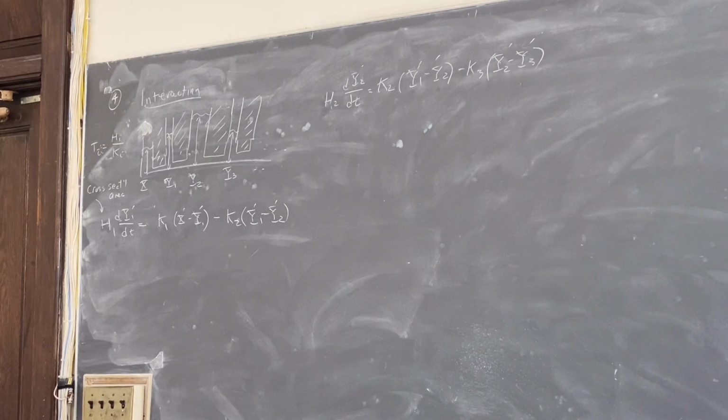Yes? Sorry, I just remember us using that the change in height was k times height raised to the 1/2. I'm just curious as to why we aren't using that law here. Good question. If you remember earlier in the semester, if I have a tank and it's open to the atmosphere, then the fluid that goes out, the flow rate, V, is equal to some constant times the square root of L, approximately.